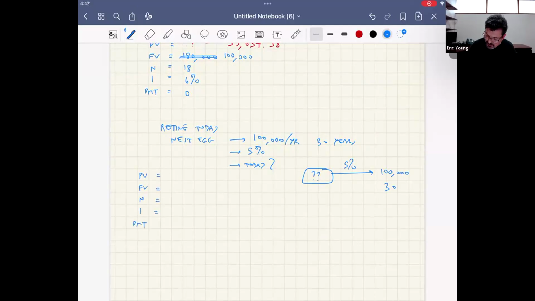It's a scavenger hunt. So we know that we want a payment of $100,000 per year coming in. So PMT is going to be $100,000. We know that the nest egg is going to sit there. And yes, we're going to draw 100,000 out of it every year, but the balance will grow.